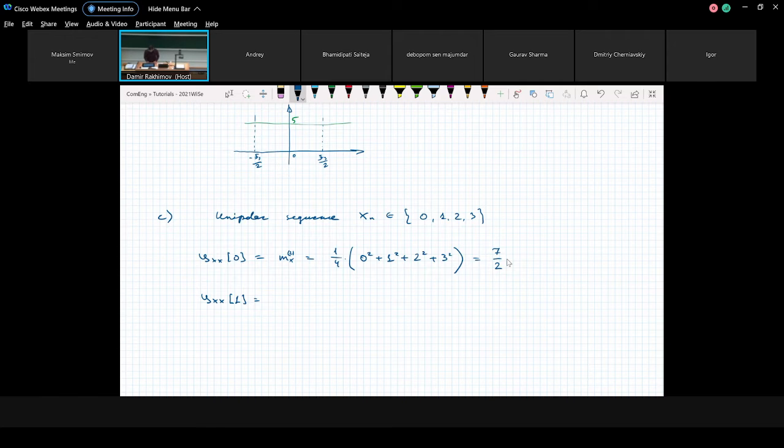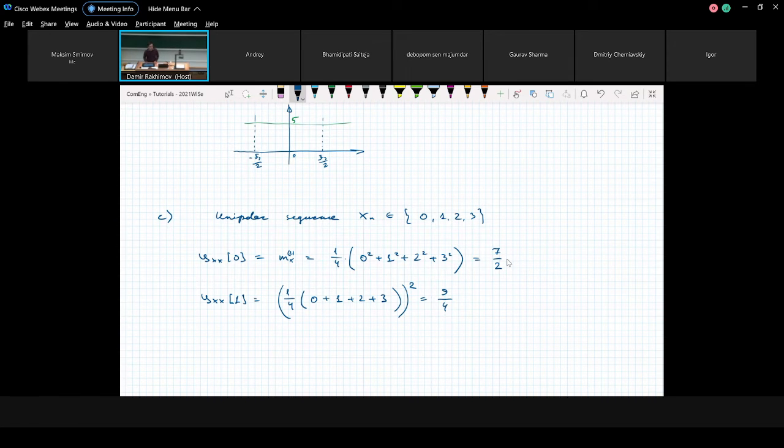For the first moment, we calculate 1/4 times the summation of all possible symbols: 1 plus 2 plus 3, and then square. What will be the result in this case? 9/4.